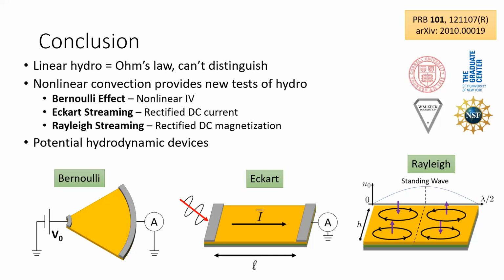Indeed, I expect these effects to also be observable in some of the 3-dimensional hydrodynamic materials that people are talking about, palladium cobalt oxide and the other candidates. So this is not graphene specific.